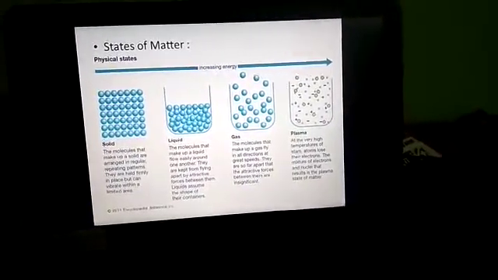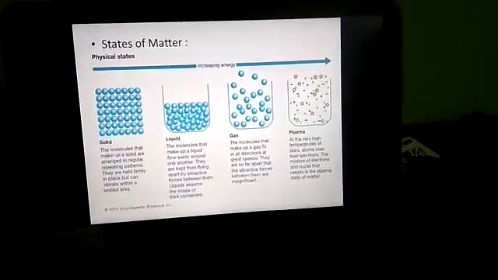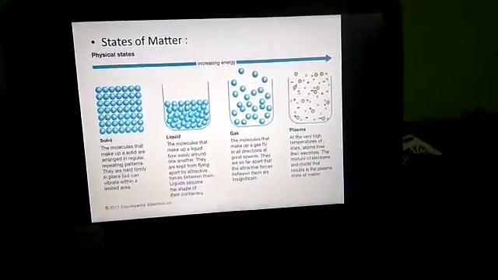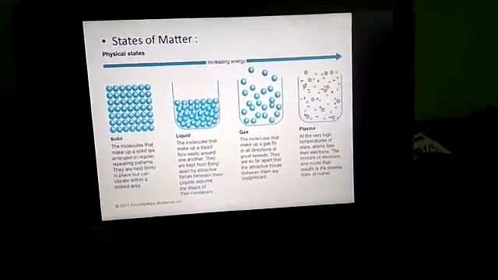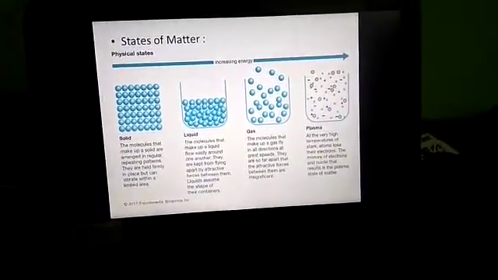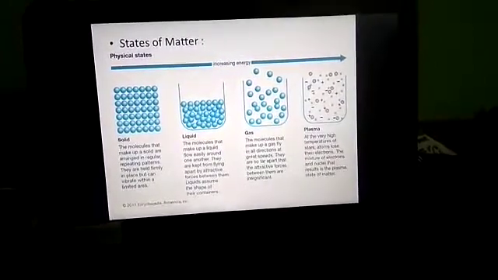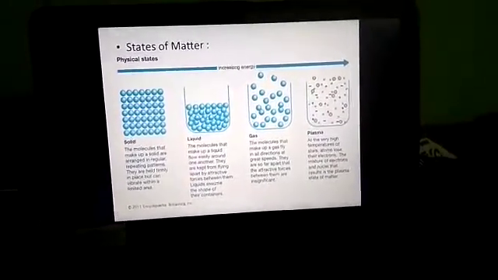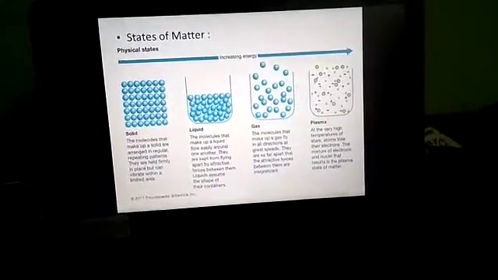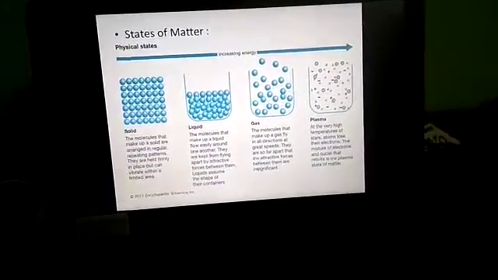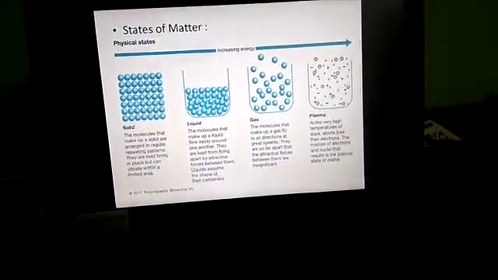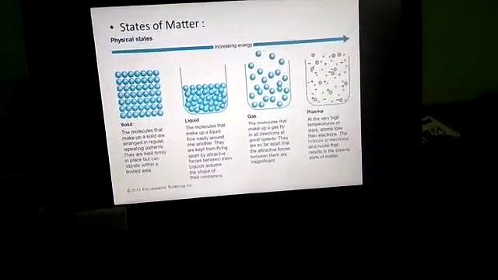In a solid, the molecules are arranged in regular patterns, and they are tightly attached. We cannot break the molecules in solids. If you see the arrangement, the molecules are tightly packed, and we can't break it.